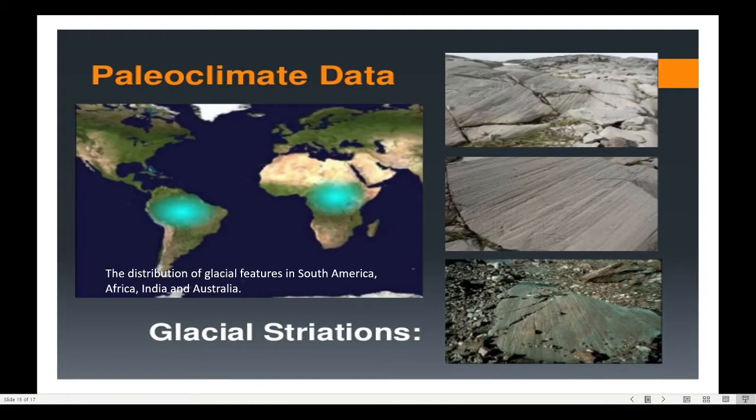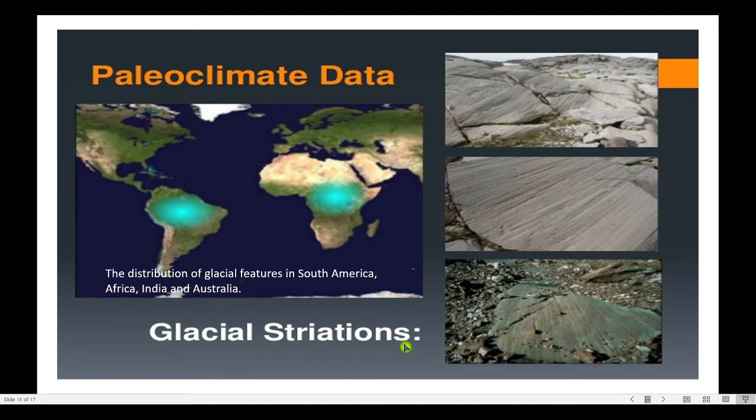One more evidence presented by Alfred Wegener is the paleoclimate data, or the ancient climate. The distribution of glacial features in South America, Africa, India, and Australia is another proof that these continents were once connected. By the way, what are glacial striations?